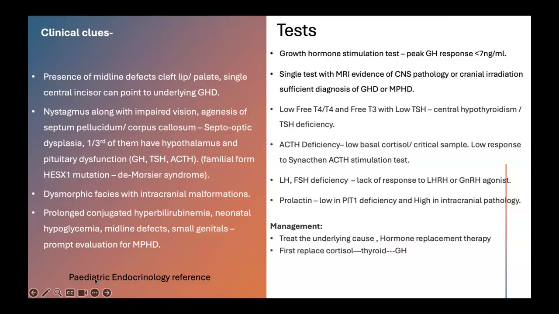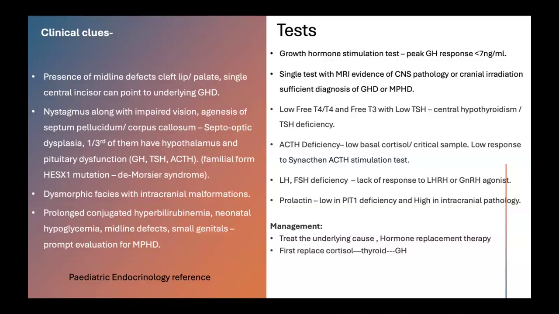Central hypothyroidism presents with low free T4 or total T4 and T3, along with either a low TSH or an inappropriately normal TSH for the low free T4 levels. Now, cortisol and thyroid deficiencies, when they are central in origin, are not as prominent as the primary deficiency, and hence stimulation testing in that regard may be important to diagnose them. I'm emphasizing this again.